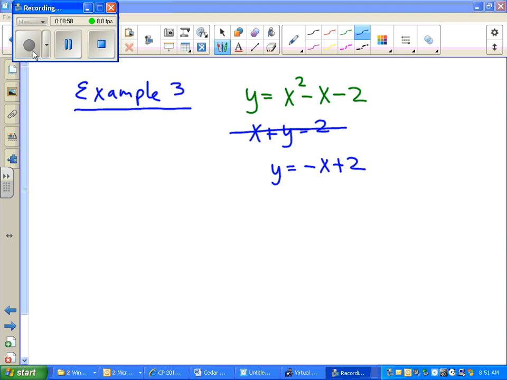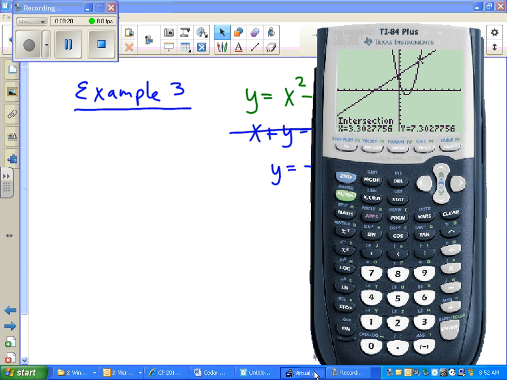All right, so we're looking at example 3. We noticed that the two equations were y equals x squared minus x minus 2, and the other one was x plus y equals 2. I converted the x plus y equals 2 into y equals mx plus b form. So it should say y equals negative x plus 2, and that's what we type into our graphing calculator. So I'm going back to the y equals editor.